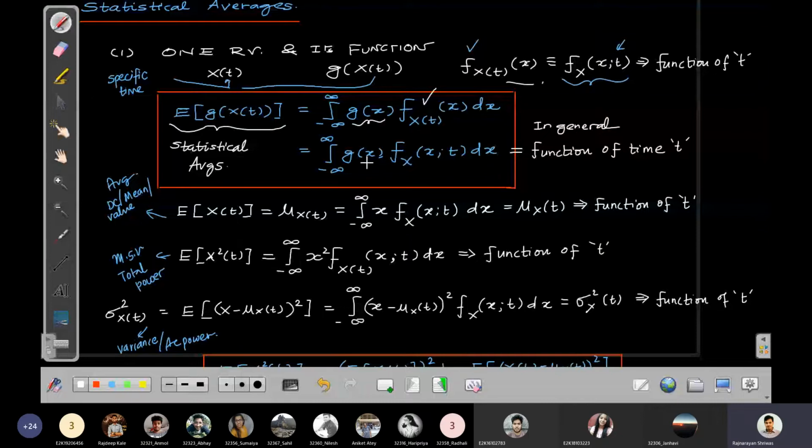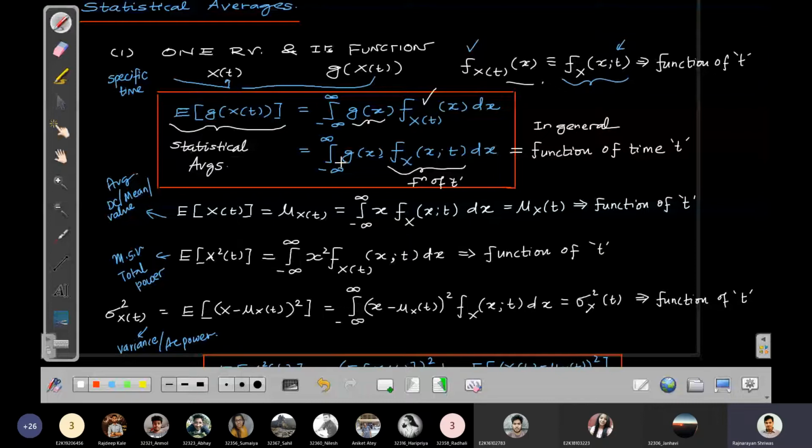In general, this is a function of time. The entire thing in general is going to be a function of time. It may or may not be, but in general it has to be a function of time t. In the case of a random variable, there is no concept of time, so its statistical average has nothing to do with time.